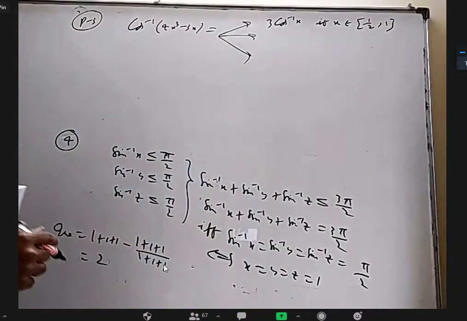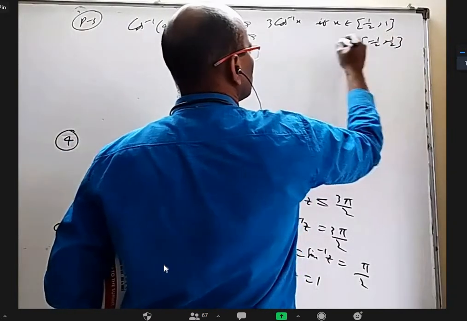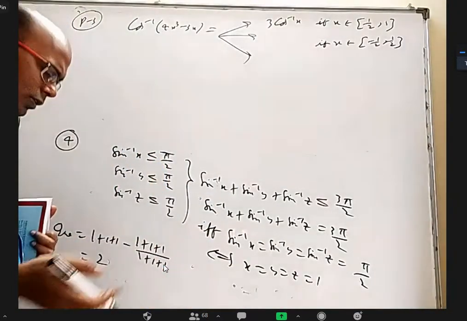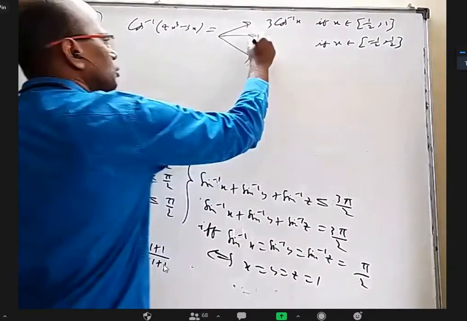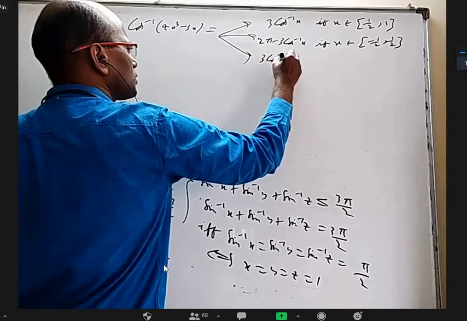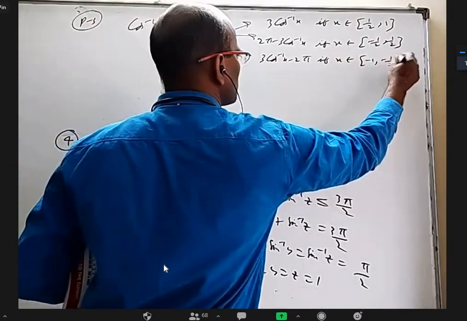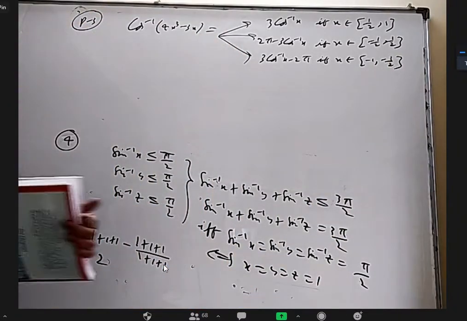When you take minus 1/2 to 1/2, then it is 2 pi minus 3 cos inverse x, and it is 3 cos inverse x minus 2 pi if x belongs to minus 1 to minus 1/2. Okay, we thoroughly derived all the cases.